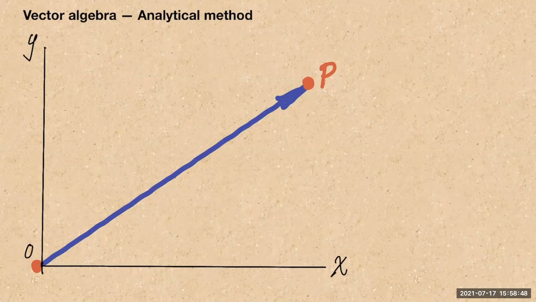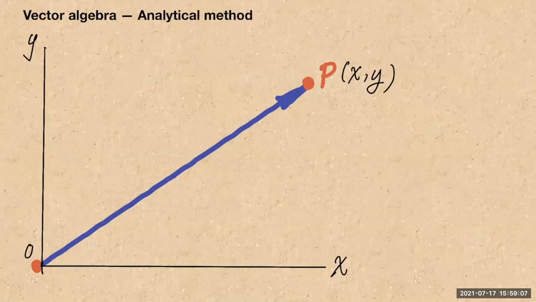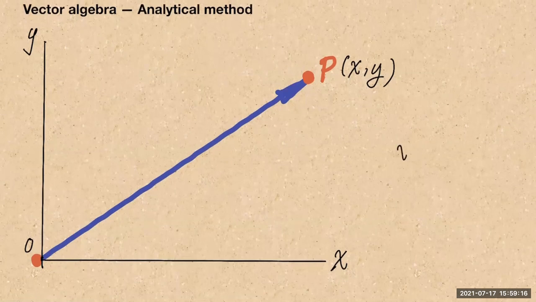And then the endpoint P acquires a pair of coordinates, x and y. Once you know x and y, then point P is uniquely identified, the location of point P. And therefore, this entire vector from O to P is also uniquely identified. This means that once I know these 2 numbers, x and y, you give me these 2 numbers in 2 dimensions, I can find this vector for you.